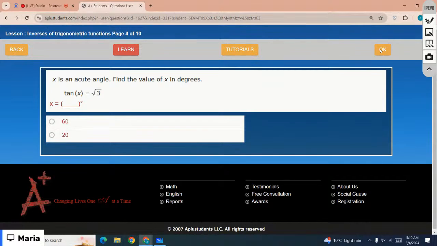That is 60 degrees. The option is 60 degrees. Tan x equals square root 3 at 60 degrees.